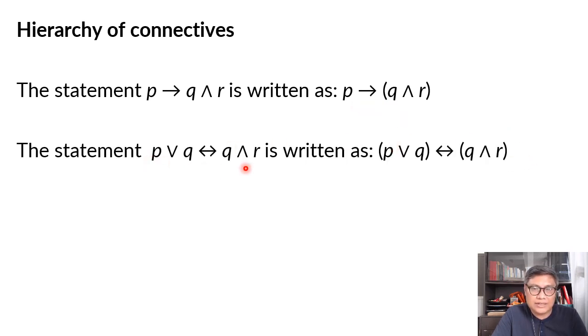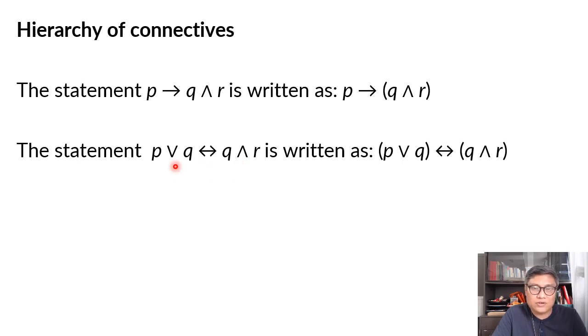Another example is this statement. So there are three different connectives used. So we have your disjunction or, your biconditional if and only if, then you also have your conjunction and.